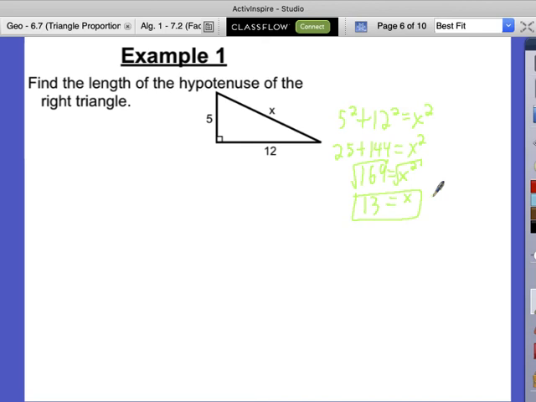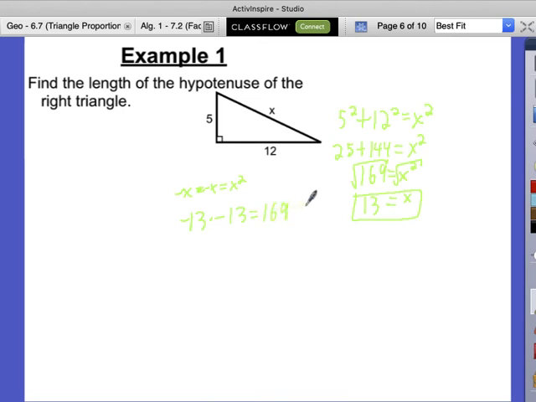Why do you have to account for the negative? Normally, because not only does x times x equal x squared, but negative x times negative x also equals x squared. And not only does 13 times 13 equal 169, but negative 13 times negative 13 equals 169 as well. So it has two different answers.